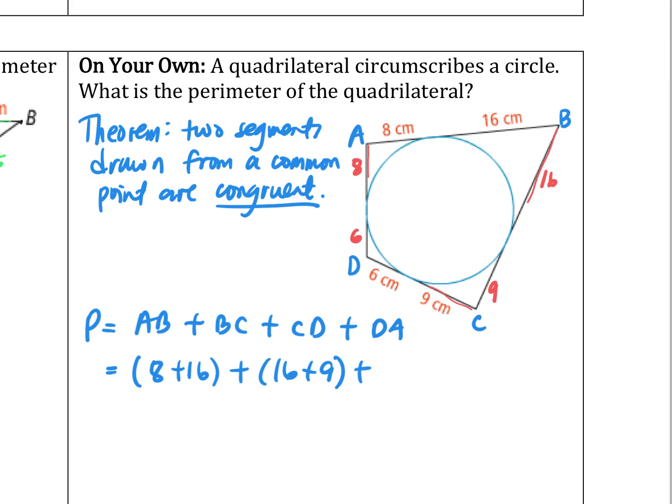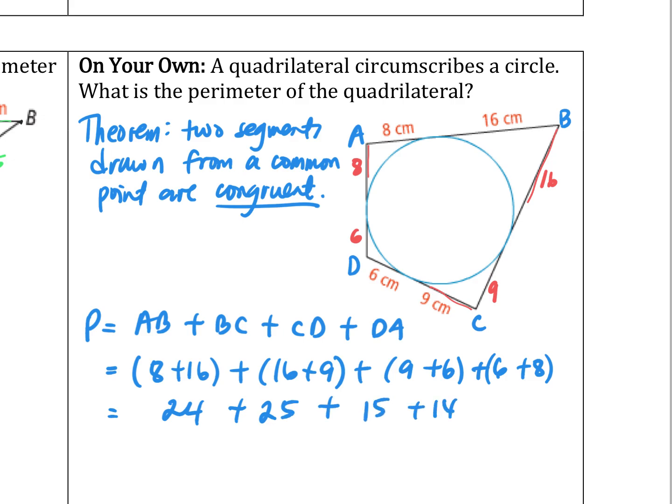Your CD is going to give you 9 plus 6, and your DA is going to give you 6 plus 8. So this is going to give you 24 plus 25 plus 15 plus 14. So the total perimeter in here now is going to give you 24 plus 25 plus 15 plus 14. It's going to give you 78 centimeters.